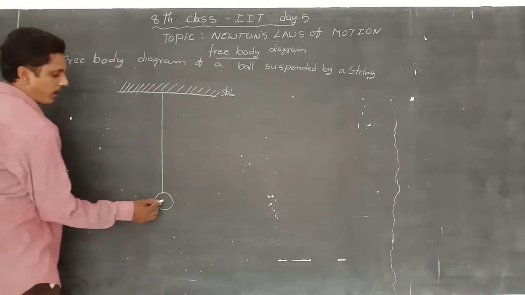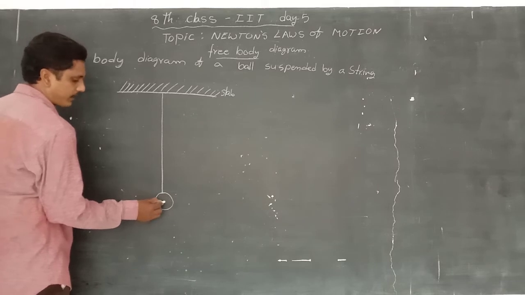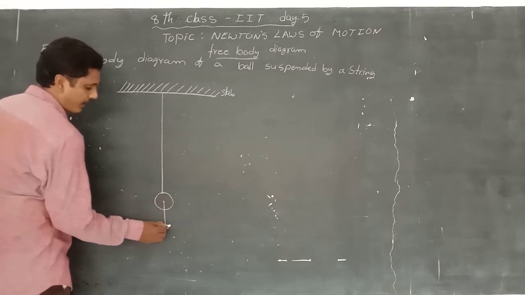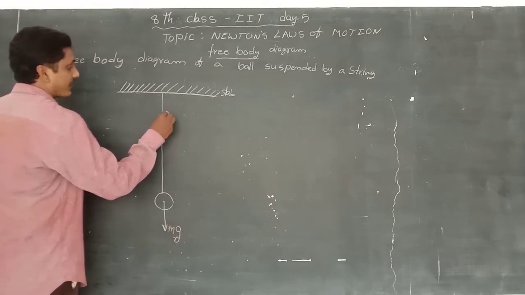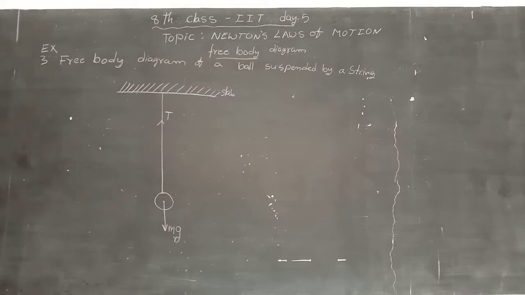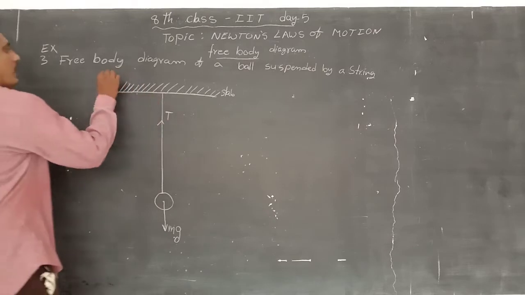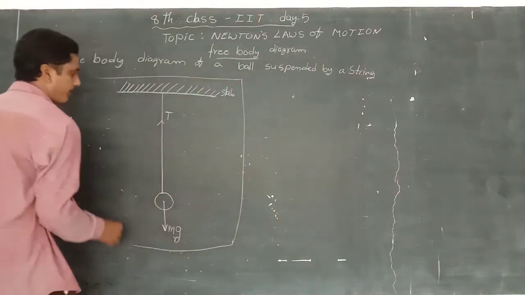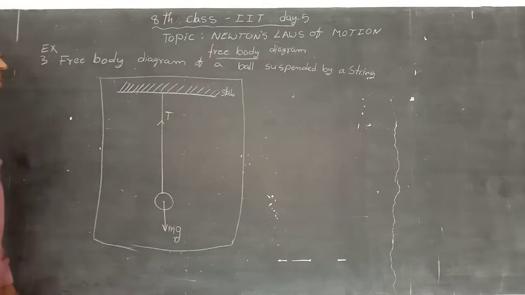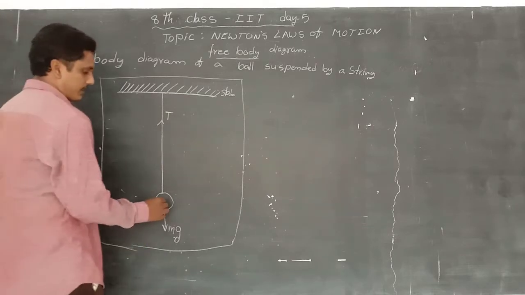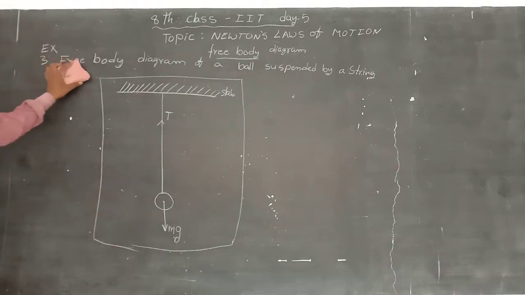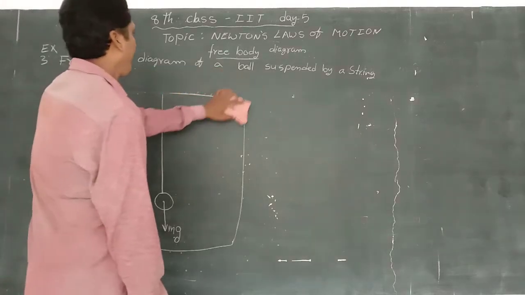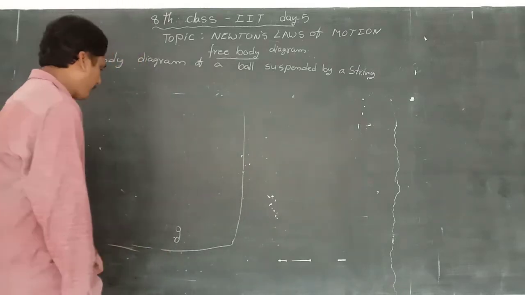The weight of the ball acts vertically downward, that is mg. Tension in the string acts vertically upward. This is also a free body diagram of a body suspended by a string. This is also called a simple pendulum.